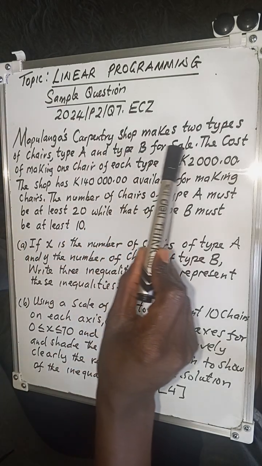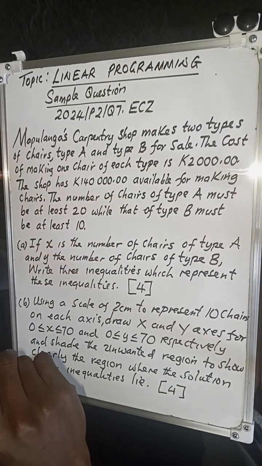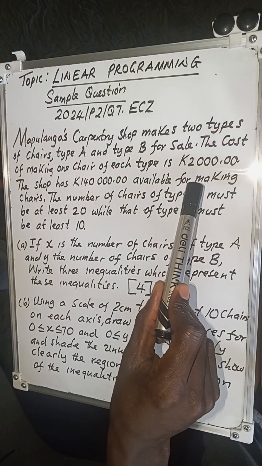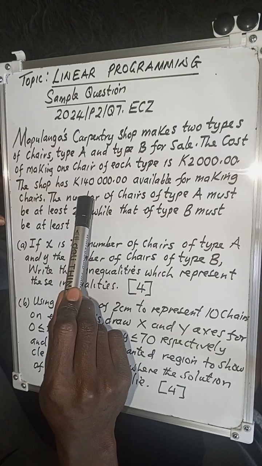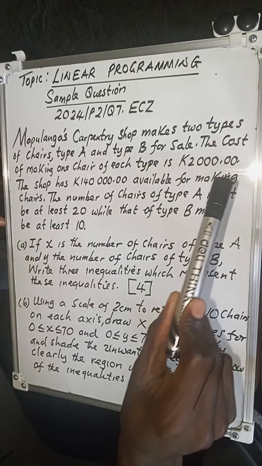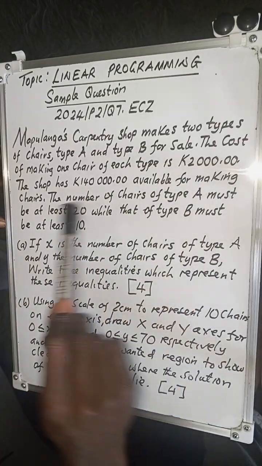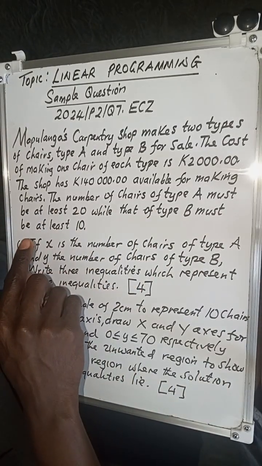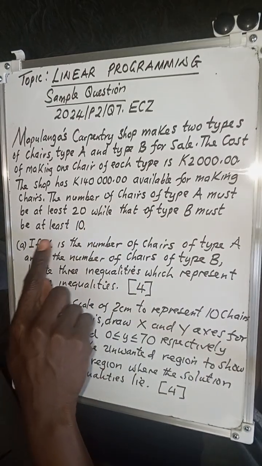Mapulanga's carpentry shop makes two types of chairs, type A and type B, for sale. The cost of making one chair of each type is 2,000 kwacha. The shop has 140,000 kwacha available for making chairs. The number of chairs of type A must be at least 20, while that of type B must be at least 10.